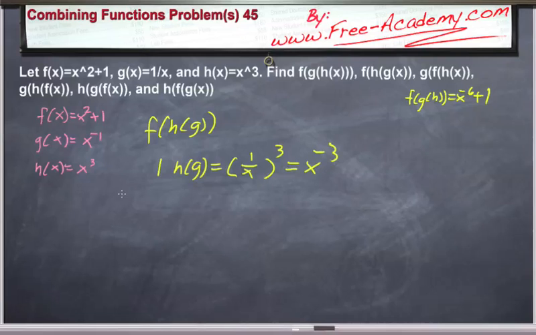It doesn't always work out that way, as I'm sure you've seen in previous lectures. Step 2, we find f of x to the negative third, which we actually did in the f of g of x. So we'll just skip that step because we already have the answer. It's x to the negative 6 plus 1.